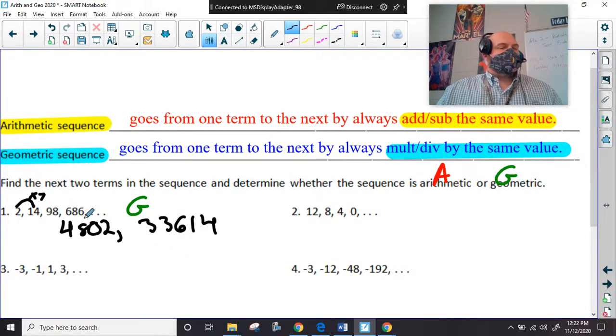Basically, you're finding what's going on, either adding or subtracting, and then finding the next two terms.